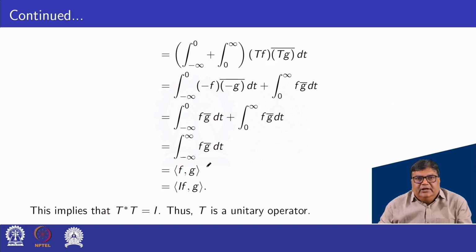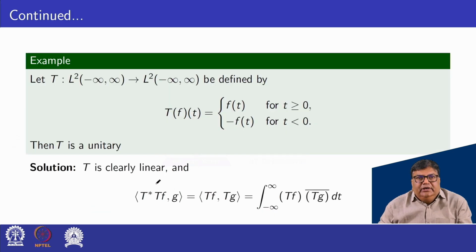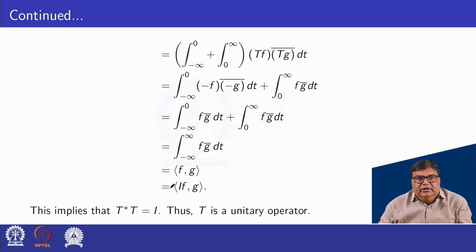Hence this can be written as the inner product of f, g as per the definition of inner product in L2. So this can be written as the inner product of If and g. So the inner product of T star T f, g is equal to the inner product of If, g.